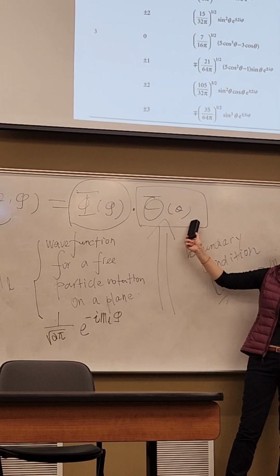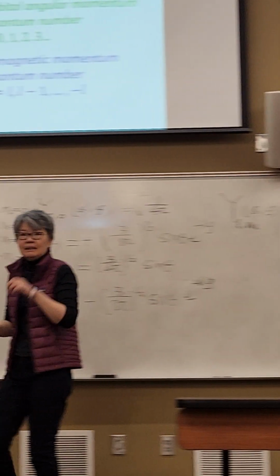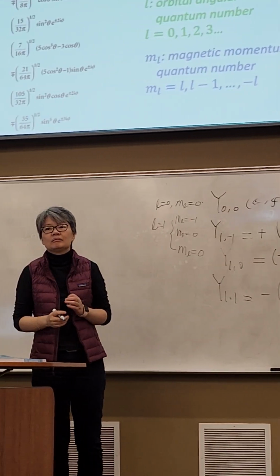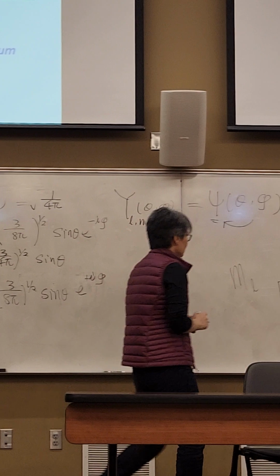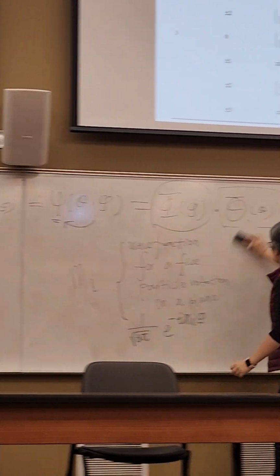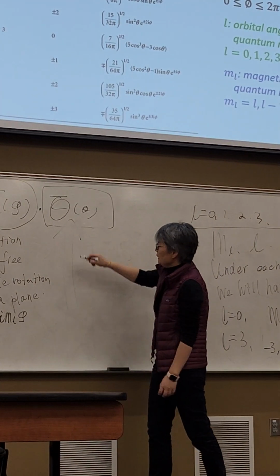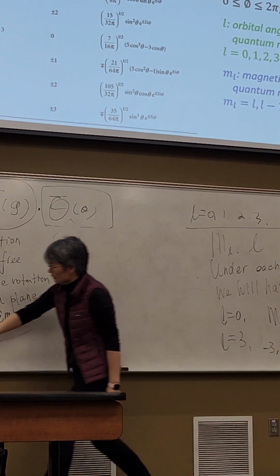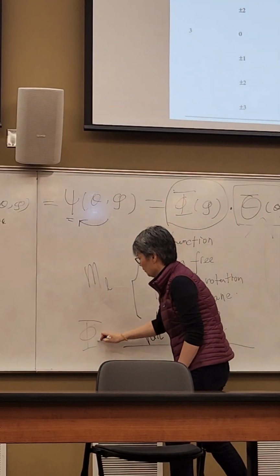So we say we can do a separation of variables. Now can we see that reflection here? If it's a particle rotation on the plane, this is the wave function for the particle rotation on the plane that we are already very familiar with.